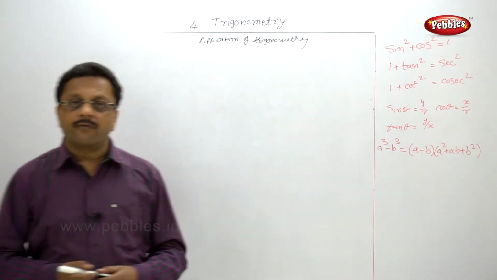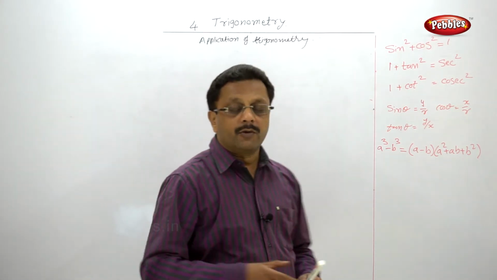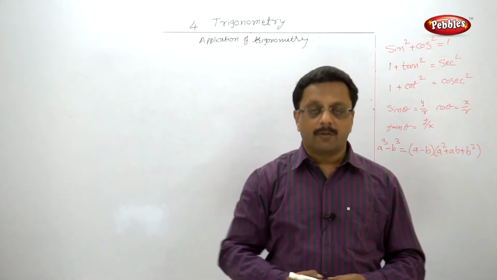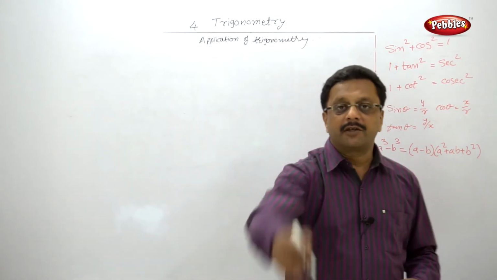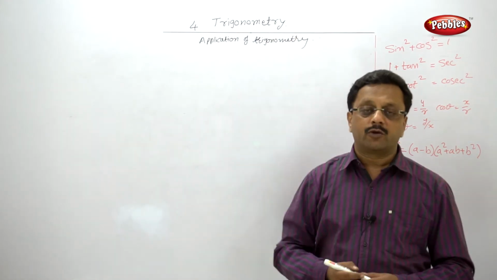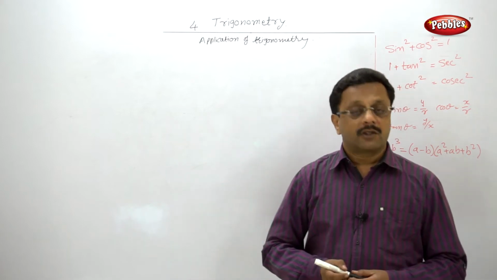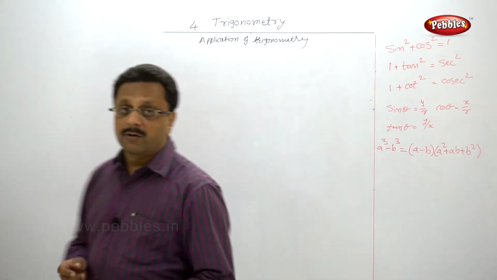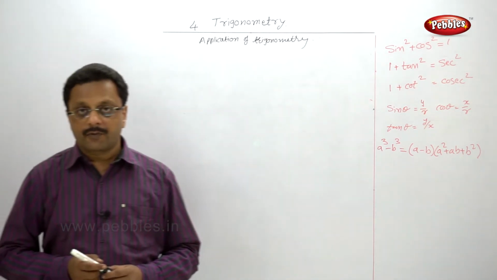So you will stand somewhere and measure the angle with the top. You can measure the distance to the flag post from the point you are standing, and with the help of trigonometry you can find out the height of that flag post.